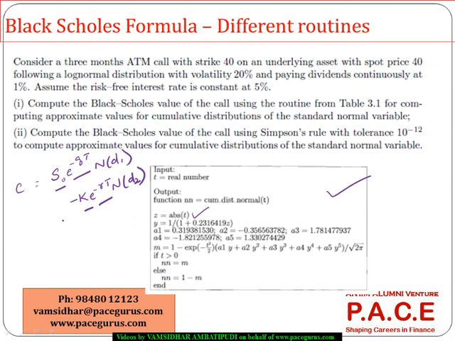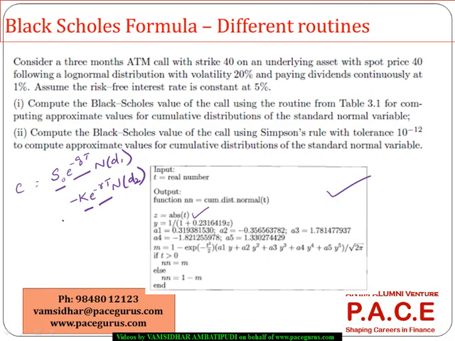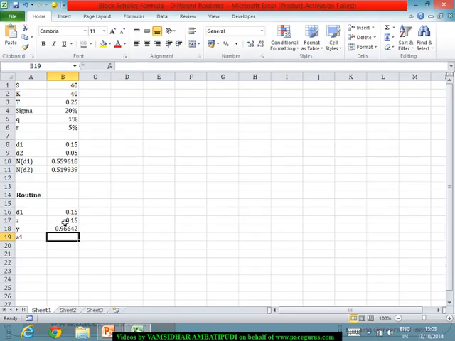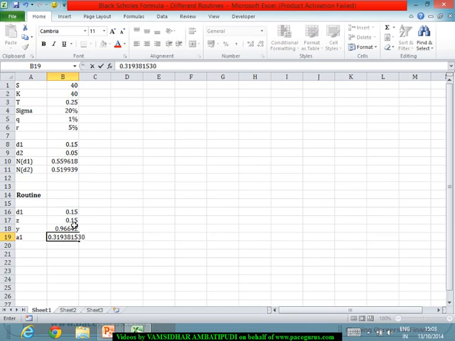After that they have given some constants. A1 is specified as constant 0.319381530.